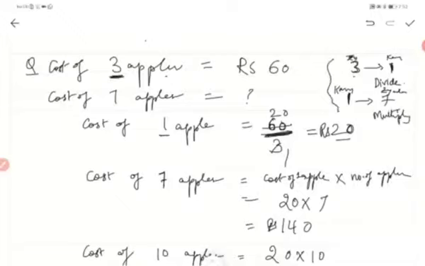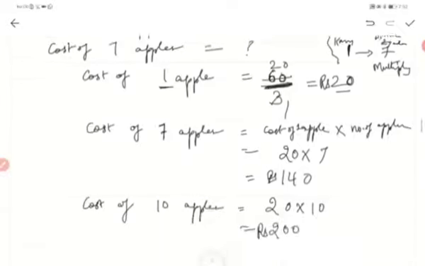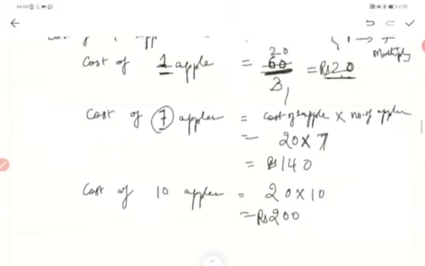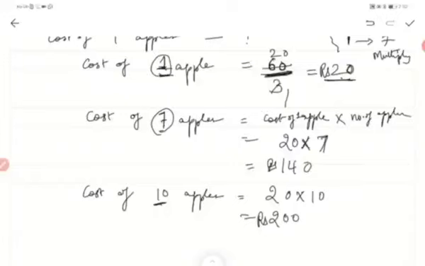So we are coming from 3 apples to find 1 apple cost, so we are dividing the 60 by 3, okay. If we are coming from small to big, that is from 1 apple we are finding big number of apples, that is 7 number of apples। so हम लोग क्या कर रहे हैं अभी ये कॉस्ट को जितने नंबर ऑफ एप्पल्स हैं उससे मल्टीप्लाई कर दे रहे, multiplication, isn't it. Now 10 apples, so from 1 apple, that is small to big, so what are we doing, we are multiplying, okay.